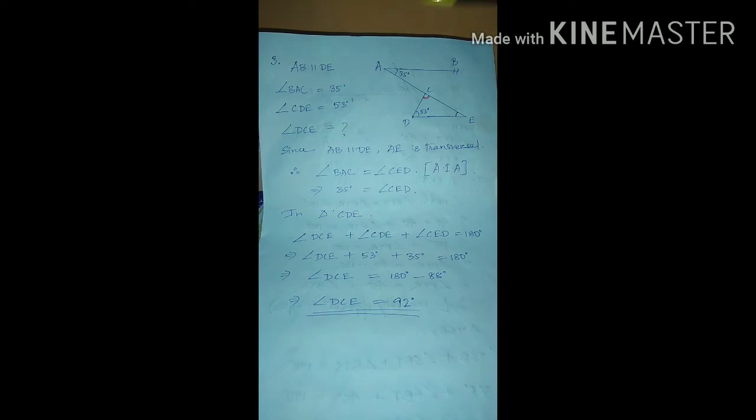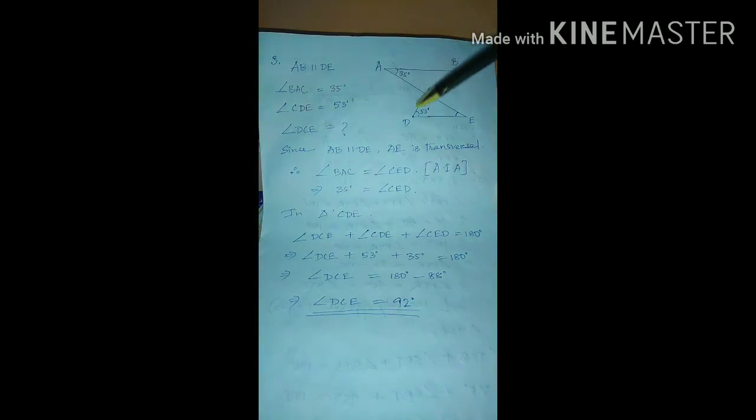Since AB is parallel to DE, A is the transversal, so we can say BAC and CED are alternate interior angles. First of all, what is given: AB is parallel to DE, angle BAC is given, and with respect to this another angle is given, CDE, which is 53 degrees.